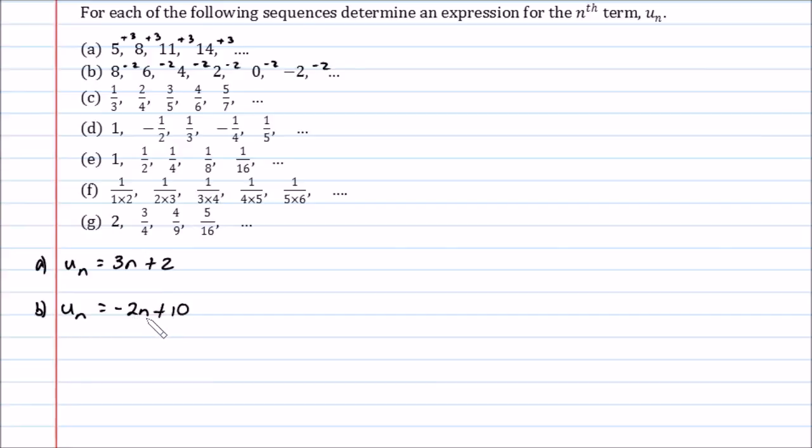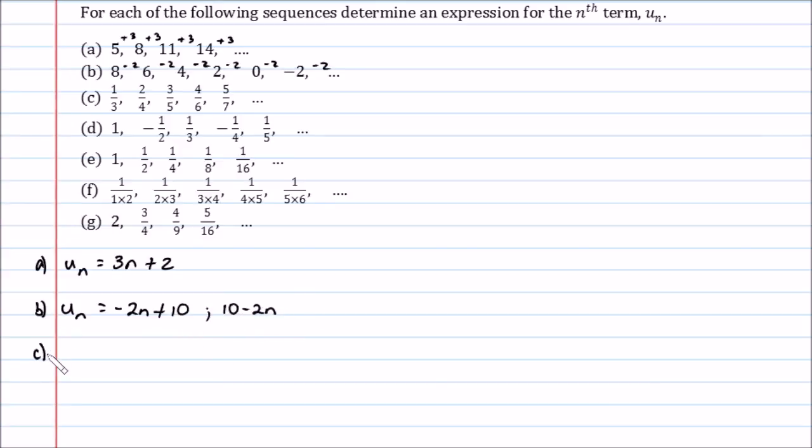So when n is 2, I'm going to get negative 4 plus 10, which gives me 6, so it holds. When n is 3, I'm supposed to get 4. And let's see, negative 2 times 3, that's negative 6 plus 10 gives us 4. So this is my expression, which you would probably more see written like 10 minus 2n.